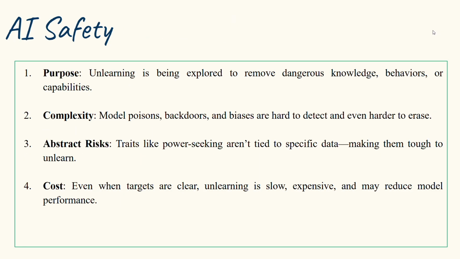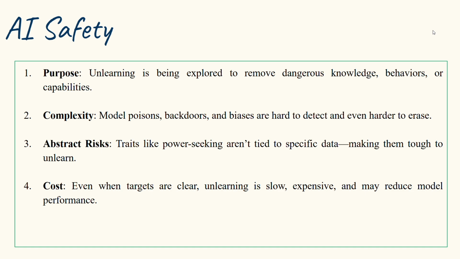So let's talk about AI safety. As AI safety advances, unlearning is being explored as a safety tool. The challenge lies in determining what to unlearn, whether it's dangerous knowledge, harmful behavior, or risky capabilities. Identifying and removing these elements is far from straightforward. Model poisons and backdoors are difficult to detect and even harder to unlearn.